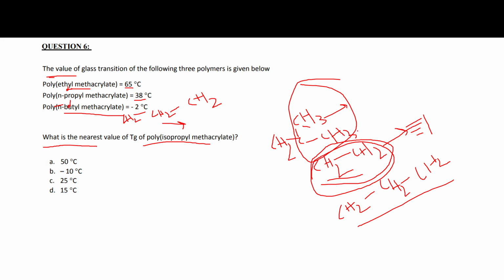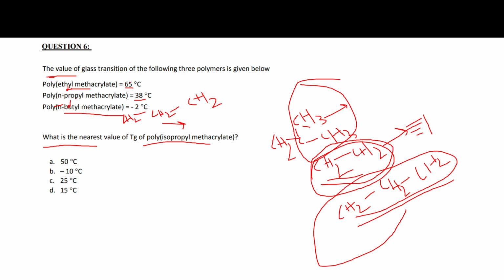So it will be a little bit flexible compared to the CH2 but not that flexible as compared to the propyl one, so its Tg should be in between the ethyl methacrylate and N-propyl methacrylate.